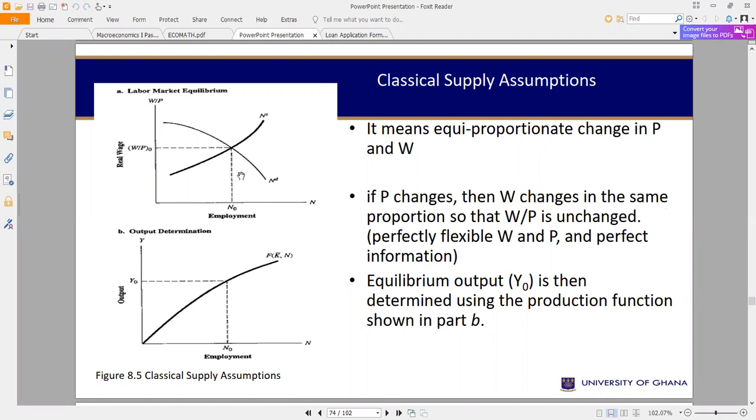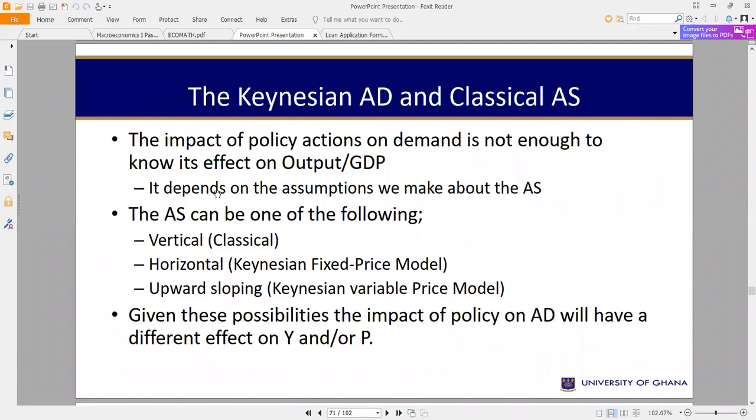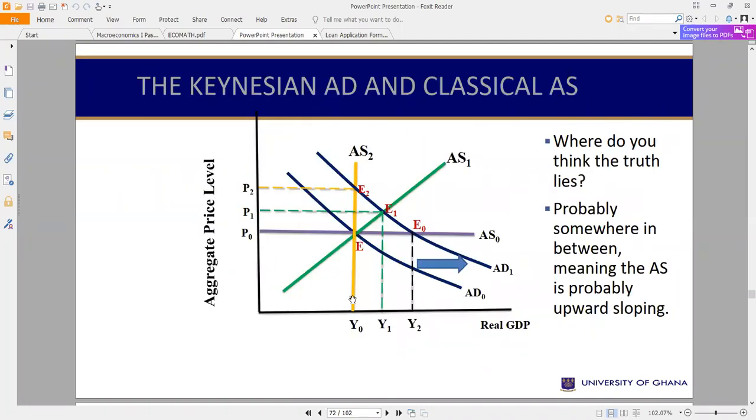So even when P changes, W will change by the same proportion. So there will be no change in real wage. And if there's no change in real wage, there will be no change in N. And as a result, there will be no change in Y at all. That is why, when the AS curve was vertical, there was no change in Y, just the increase in price.